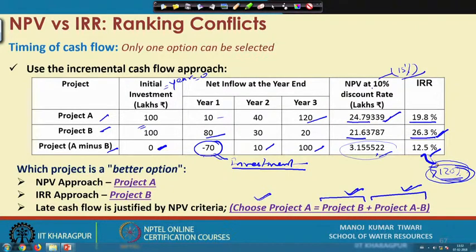The point here is that in NPV, the additional investment can be evaluated at a desired discount rate, while in IRR any additional investment, late cash flow, or difference in the cash flow will be evaluated only at the IRR, and that is what leads to the conflicting decision. And as we know, IRR estimation is much more difficult compared to net present value, so it is better to go based on the net present value.